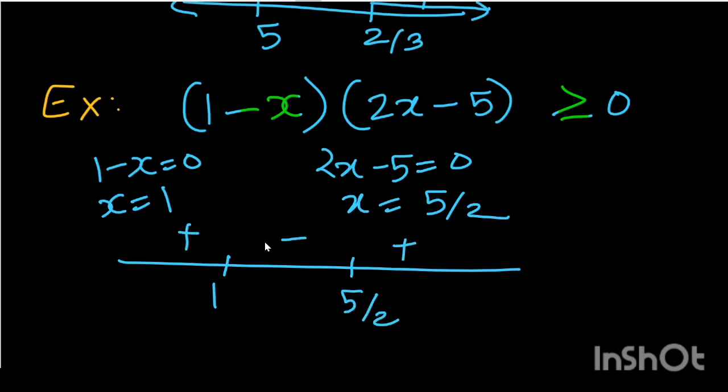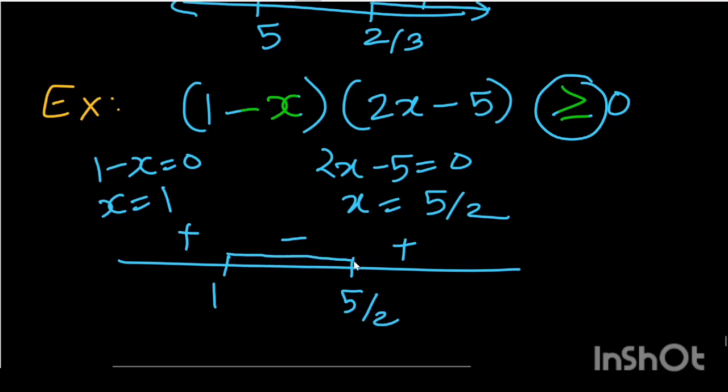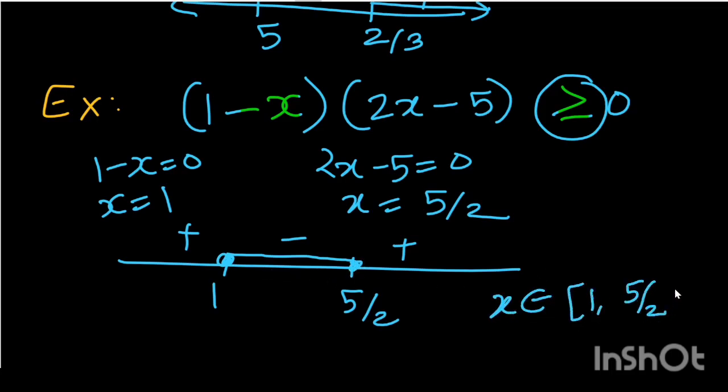Now instead of taking the plus sign, since it is greater than or equal to, which asks for plus, we will take minus, the opposite, because one of the coefficients is negative. Since they are asking for equality, we will include 1 and 5 by 2 in the solution set. So the answer would be x belongs to [1, 5 by 2].